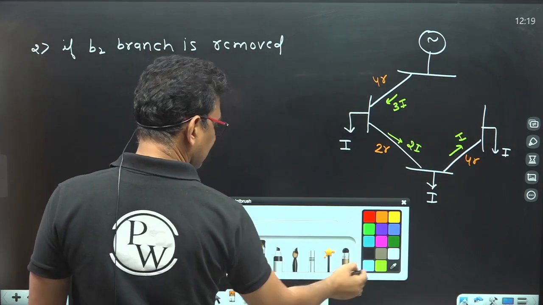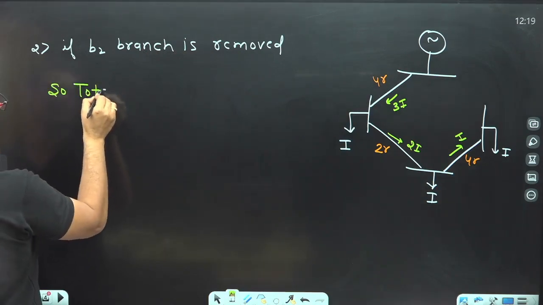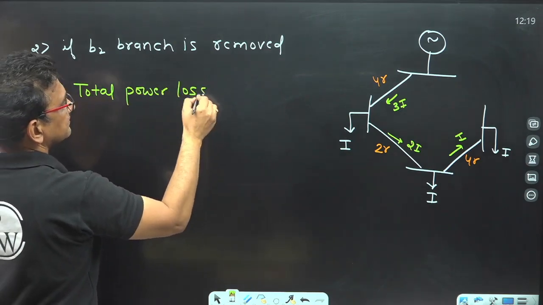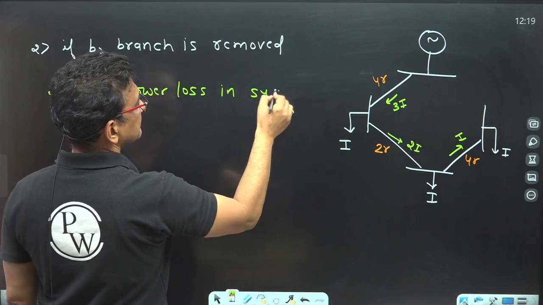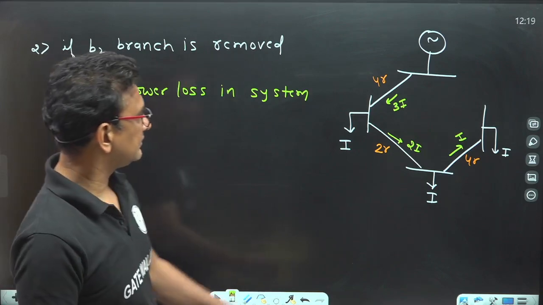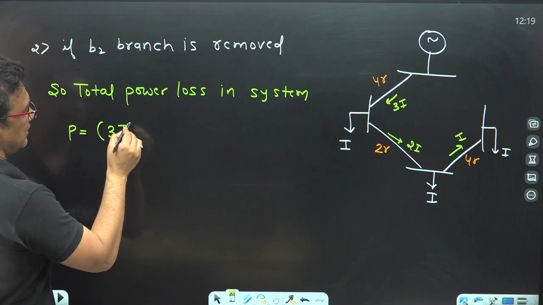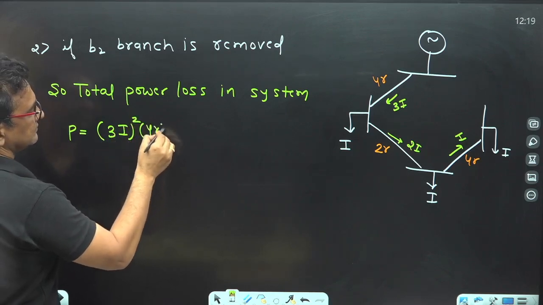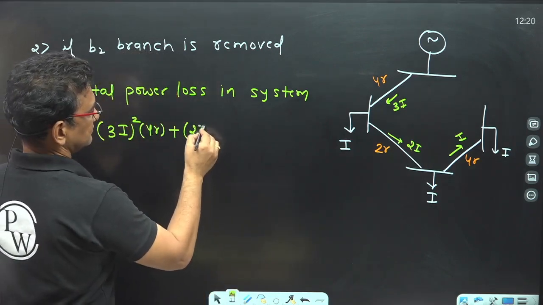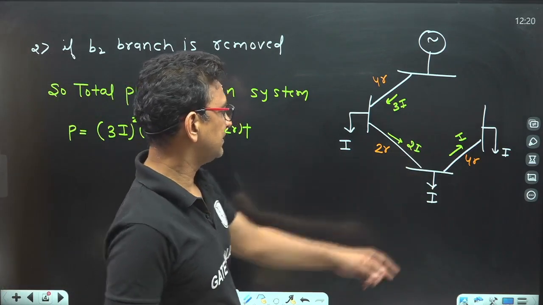So if the B2 branch is removed, the total power loss in the system will be P equivalent to 3I square into 4R, plus 2I square into 2R, plus I square into 4R.